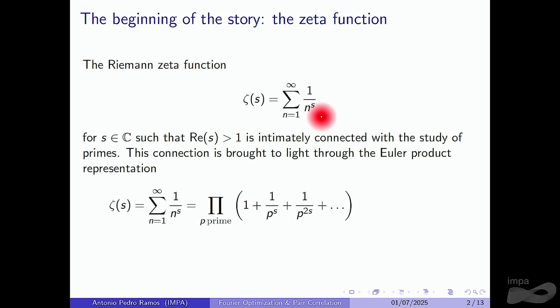And as long as these two things converge, this identity should hold, and this is equivalent to the fundamental theorem of arithmetic. Because this middle term is the geometric series, you have this very nice compact way of stating the same thing. For both these representations, the convergence is in this half plane.